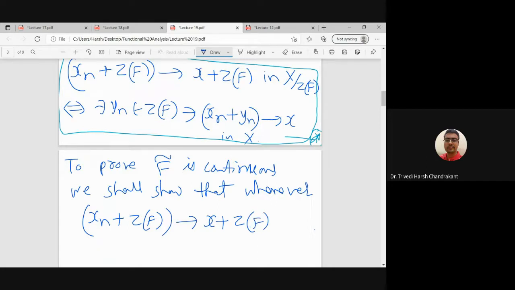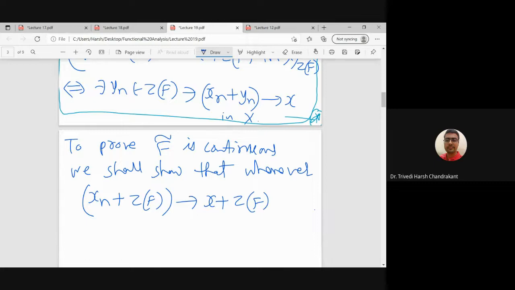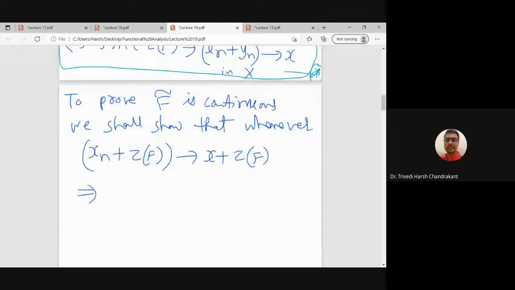So this is a sequence which converges in the quotient space, implies whenever we apply f tilde on this sequence, this converges to f tilde of this element.